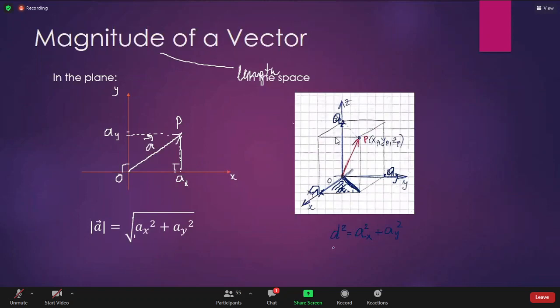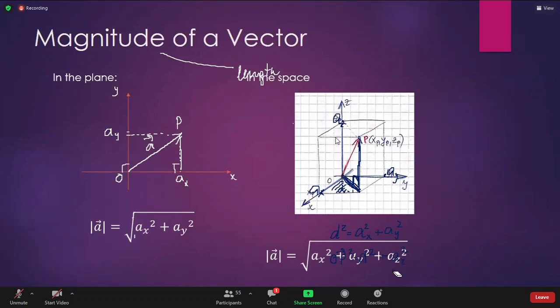But we need the square, because now I see that OP squared should be D squared, this segment squared, plus height squared, because we know that we have a right angle here. The base vectors form right angles. So plus the Z coordinate squared. In fact, what we get this way is the same thing as the Pythagorean theorem.